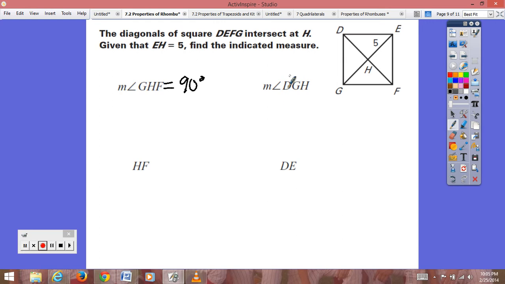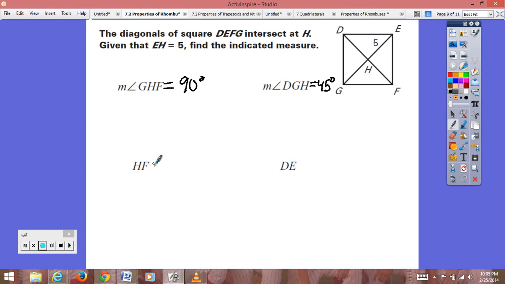Then measure of angle DGH. We know that the diagonals of a rhombus bisect opposite angles. So if this is a square, we know that angle DGF was initially a 90-degree angle. So if we bisect a 90-degree angle, we get angle DGH is 45 degrees.